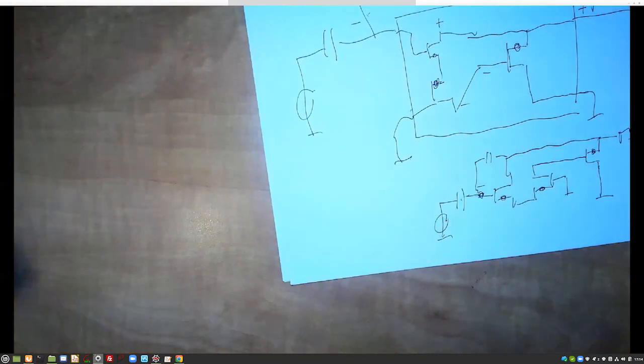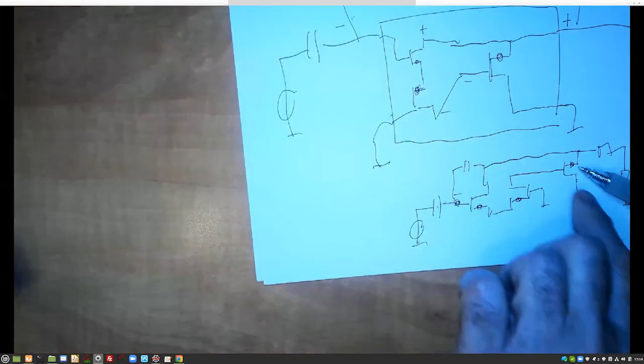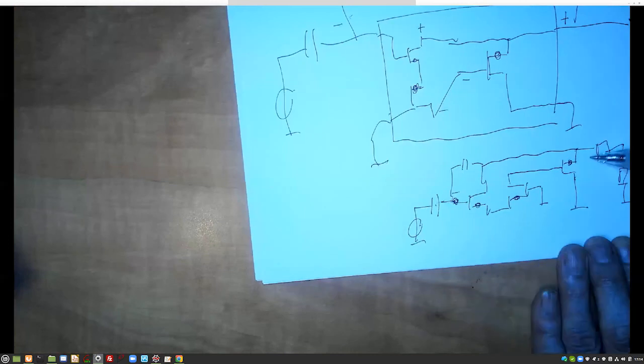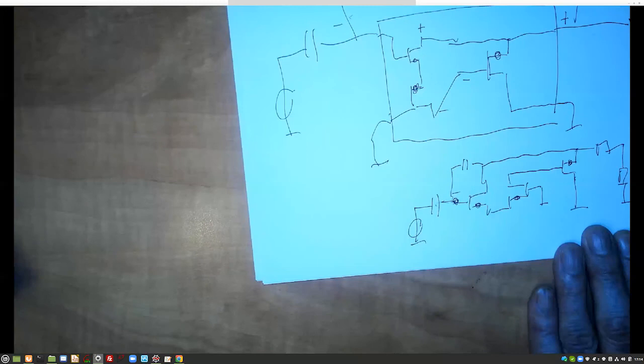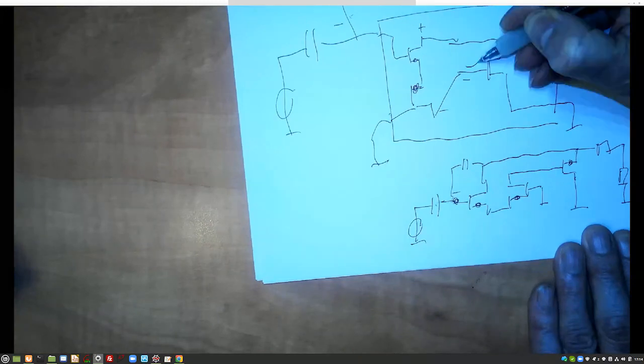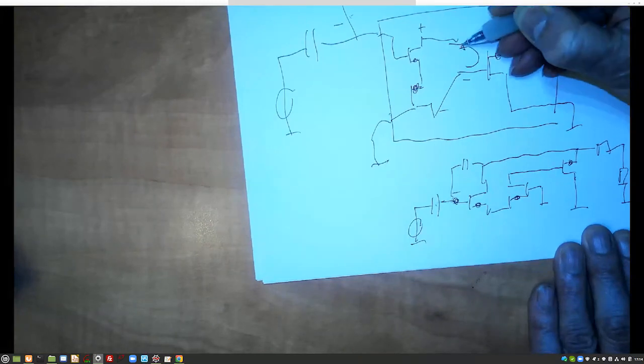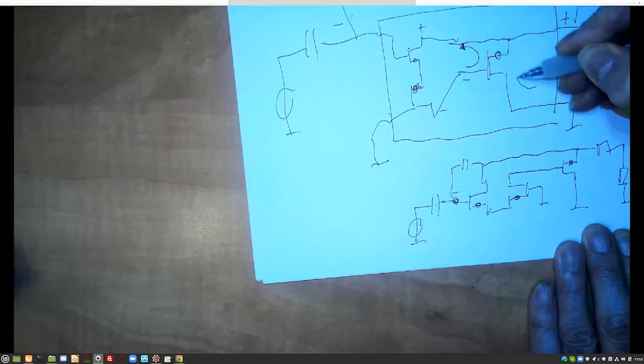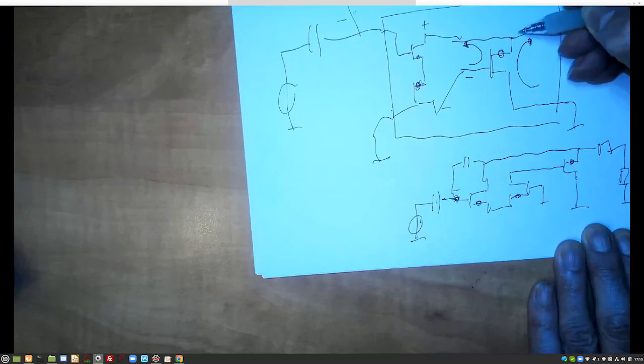And now you think, well, if you draw this upside down, maybe you think this has become a common drain. But it's not common drain. It's still common source. Look, this is the input port and this is the output port, and they share the source and not the drain.